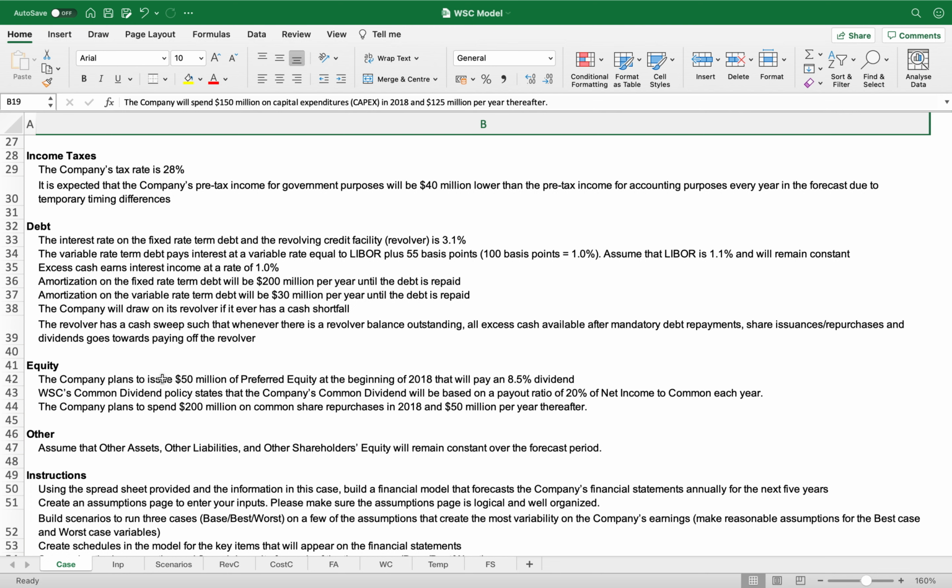So if the government disallows certain deductions, there will always be a difference between the net income from an accounting perspective and the income from a taxation perspective.